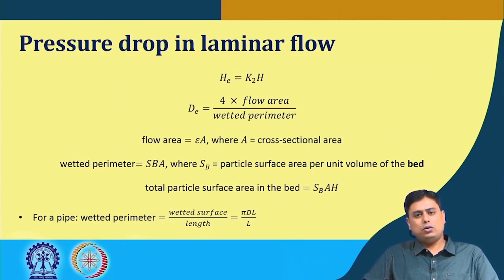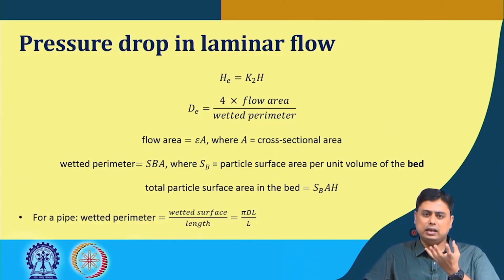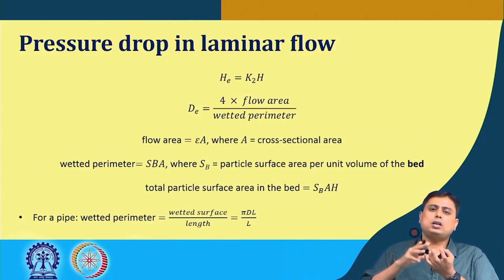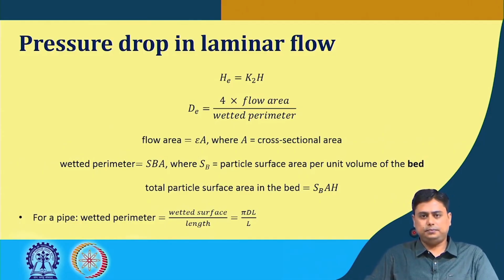If you have understood the concept of voidage, now that voidage is through which the flow is happening. So, if A is the total, actual cross sectional area, the area available for flow is basically epsilon multiplied by A, because other portions are filled by the solid particles.